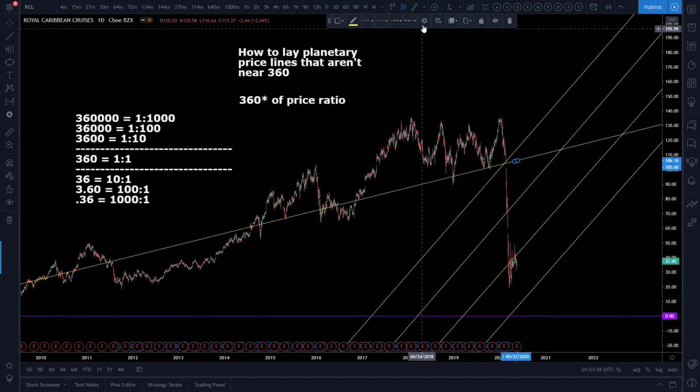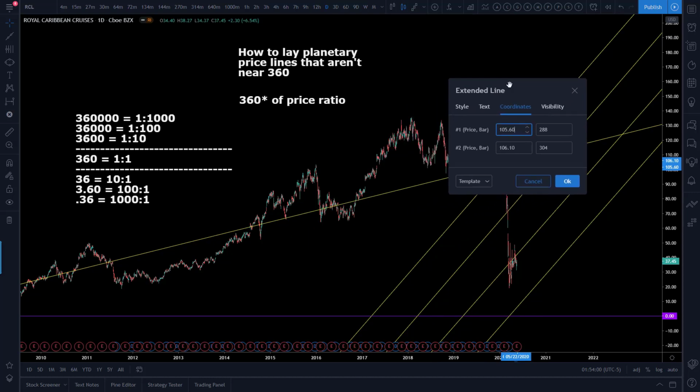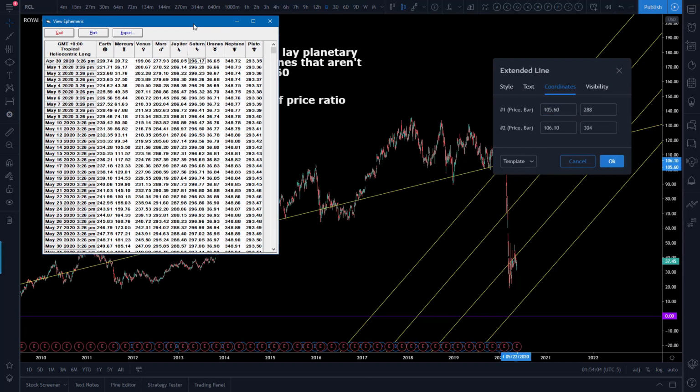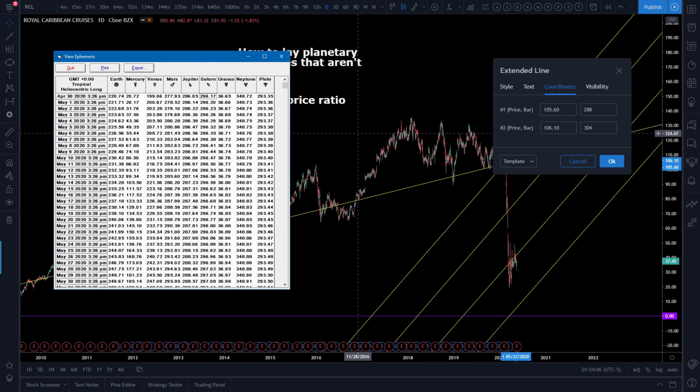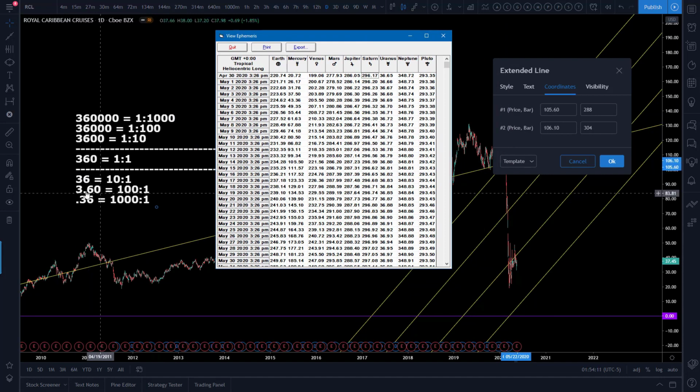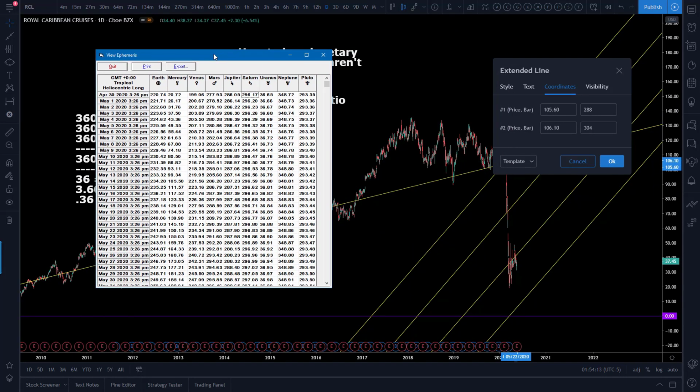I'll just set it like that for now. We'll have to make sure our dates are correct as well. Okay, so our starting point, remember we use this aspect ratio, right? So we're at 36, so we got to drop the decimal by 1. So that means that Saturn's going to be at 29.62. I'm going to round it, 29.62.